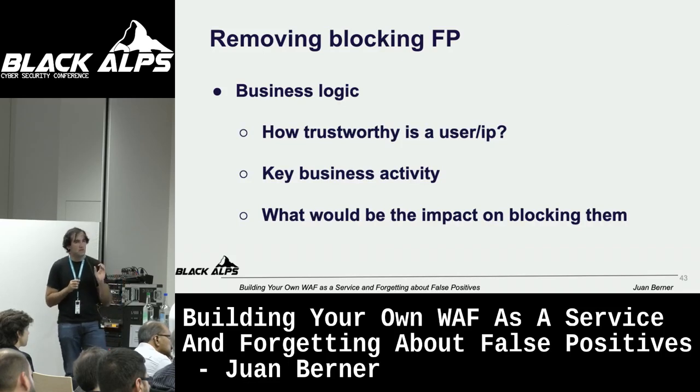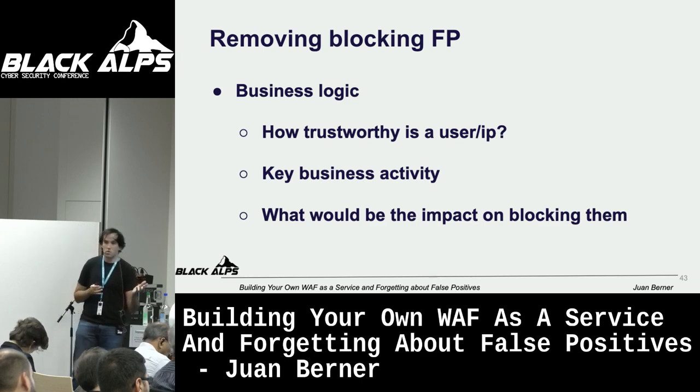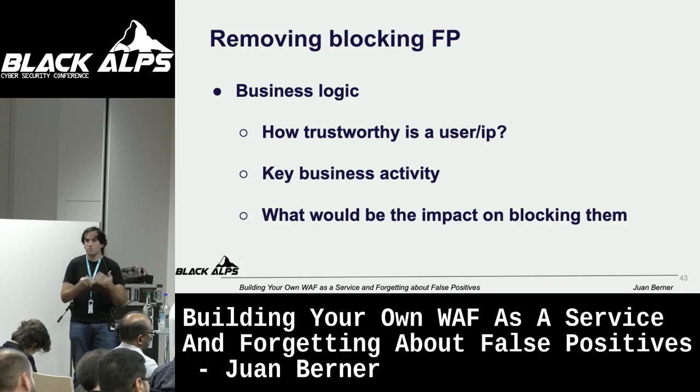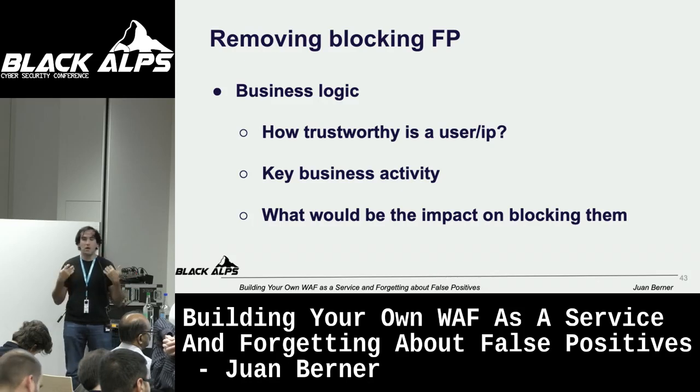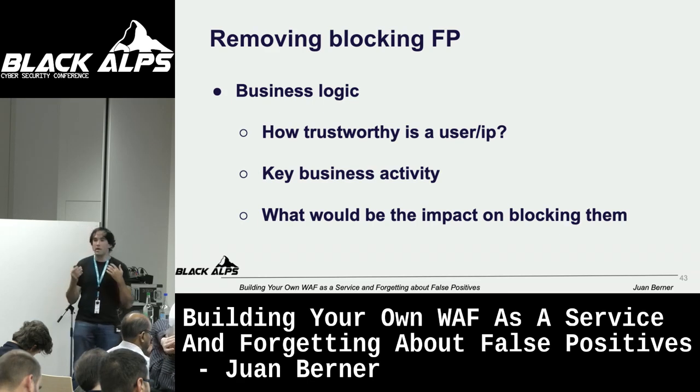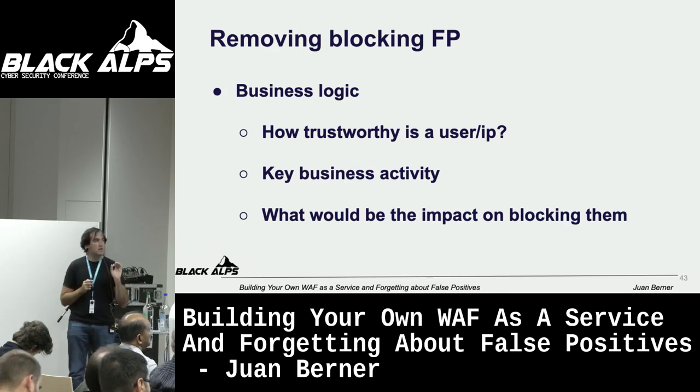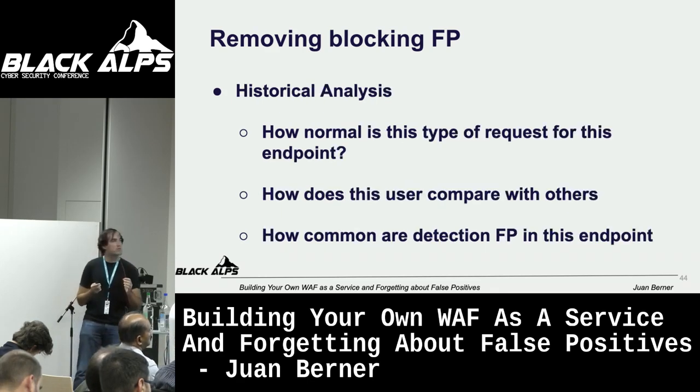So some of the key parts to do this is to consider business logic. Since this is a product that we have, and in our case in particular, it's pretty much custom built using a lot of great tools like ModSecurity, we have a lot of flexibility to use information that we have on our application, like the key business activity, the history of the particular identifier we're looking at, and what would be the impact of blocking them.